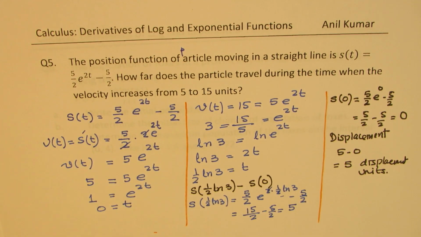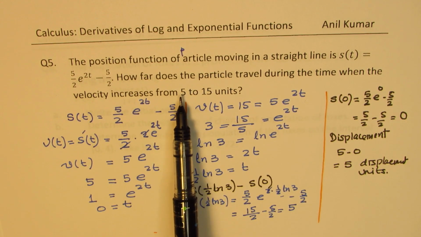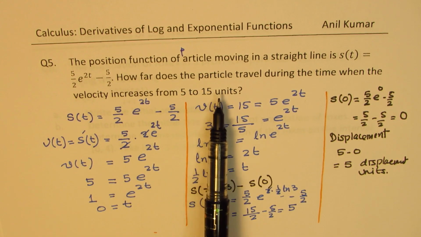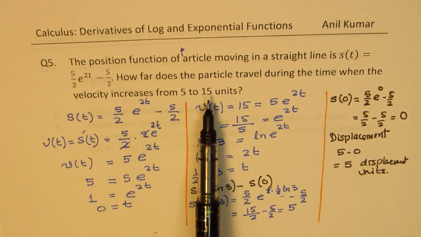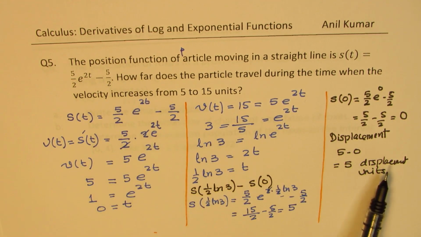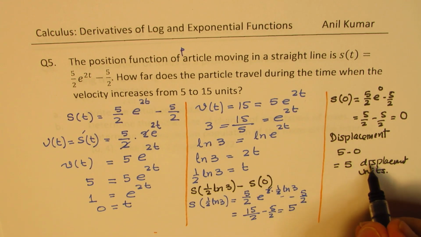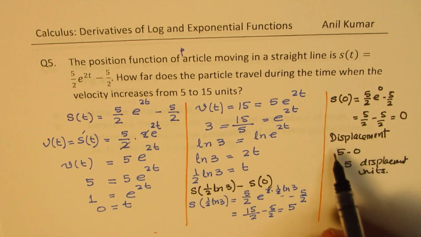So I hope you understand what we did. We basically found the time when the velocity was 5 units and 15 units. We found that it was 5 units at t equals 0, 15 at t equals half ln 3. At these two times, we found the displacement, and the distance will be, I should write distance, so many displacement units or distance, right?